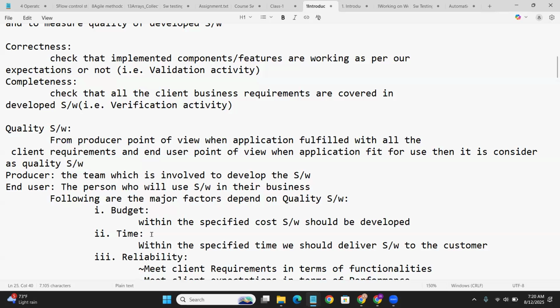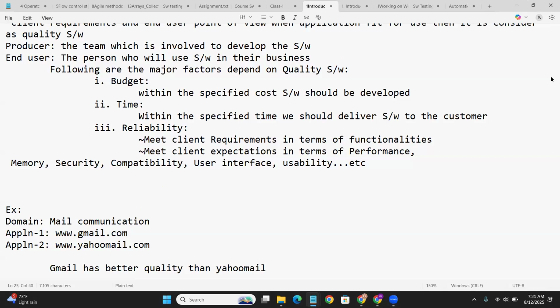Next one is reliability. Whichever software we deliver should meet client requirements and expectations. That is what we call reliability.